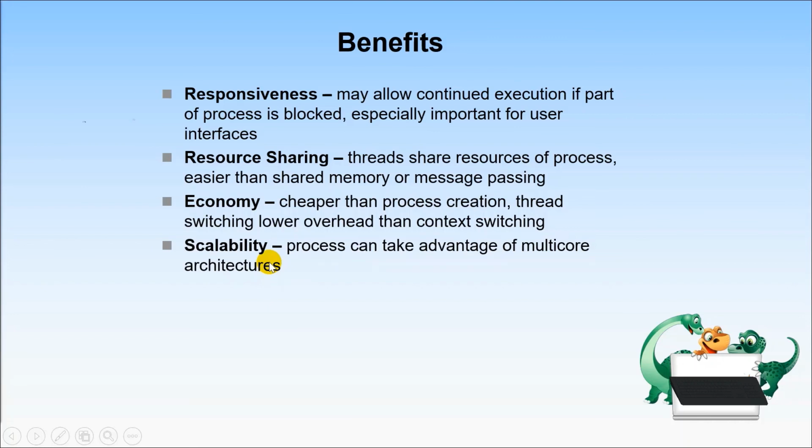Note that a single-threaded process can still benefit from a multiprocessor architecture when there are multiple processes contending for the CPU, for example when the load average is above a certain threshold. Basically, the use of threads is beneficial.